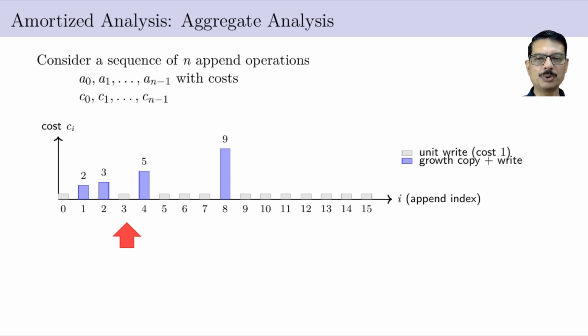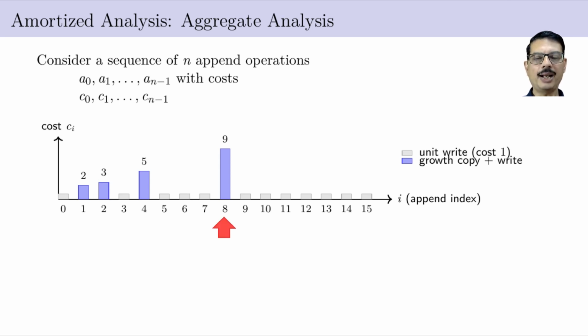When you add one more element, again you will have the situation that size is equal to capacity, and therefore the stretching is going to happen, and it's going to create an array of size 8. So the element at index 4 is going to cost you 5 units, but after that the addition of new elements at locations 5, 6 and 7 can be done without incurring any extra cost.